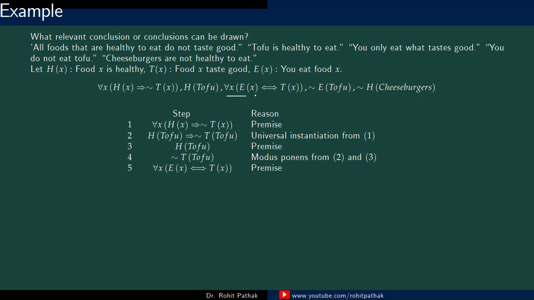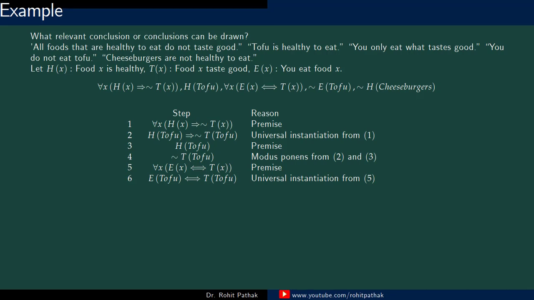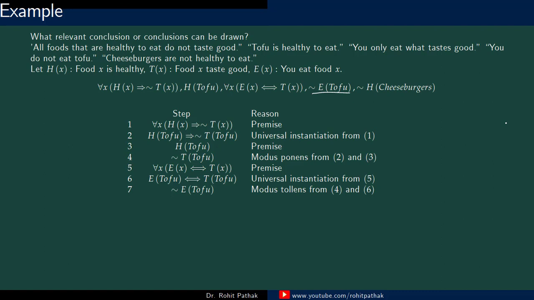Then we take the next premise: for all x, Ex if and only if Tx. So in general we take E tofu: you eat tofu if and only if tofu tastes good. Universal instantiation from 5. Then the fourth and sixth, using modus tollens, give negation E tofu.